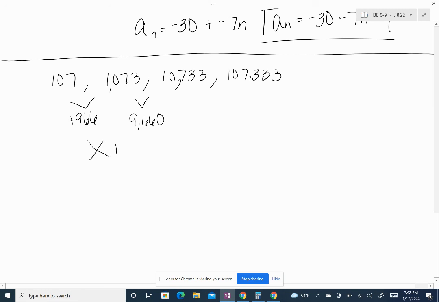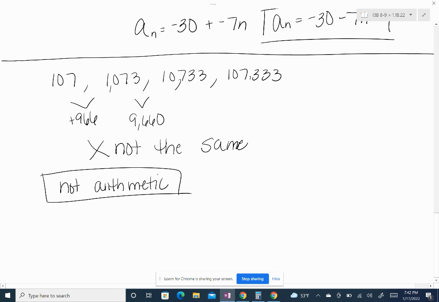They are not the same. You could continue going, but since you already know that these two are different numbers, you already know it's not arithmetic. Okay, so that would actually be your final answer.